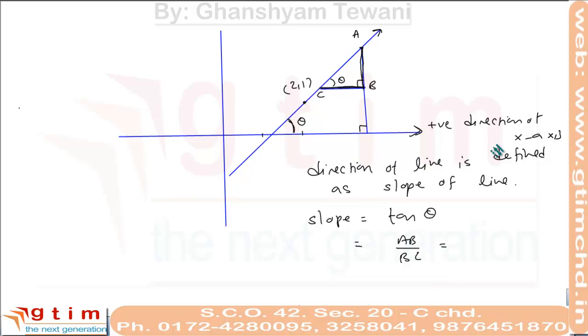Now if we take this line, now this line is steeper. So if we construct any right angle triangle here, then these two angles are the same. If this is alpha, this is alpha, then the slope of this line is tan alpha.